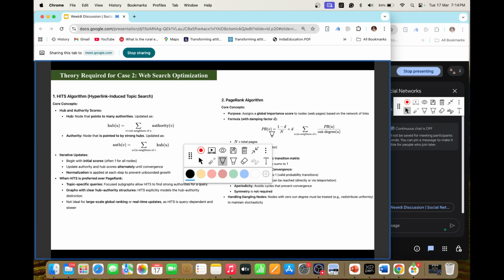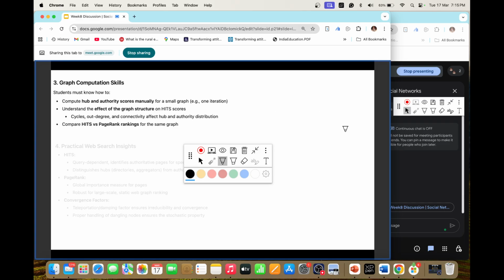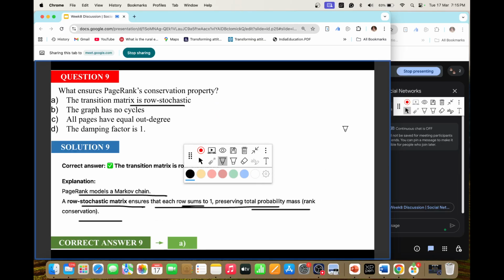Yeah, this thing. First is known as teleportation, and this is the main PageRank. So 1 minus d by N we will calculate: 1 minus 0.85 divided by N, which is 4. And second is d, that is 0.85, times PR(u) by out degree. So that we will calculate. So how will we calculate it?